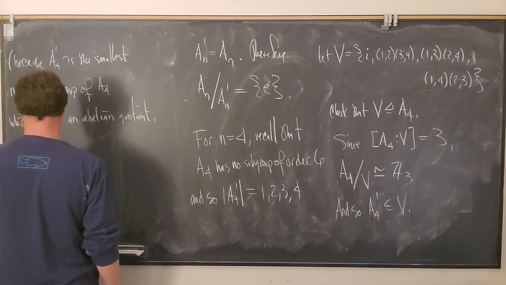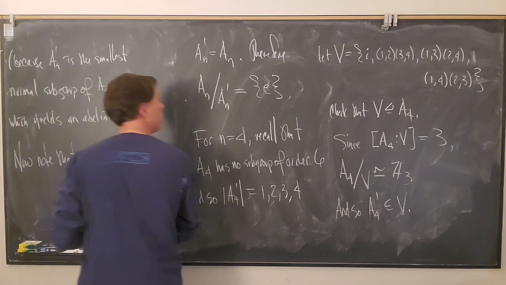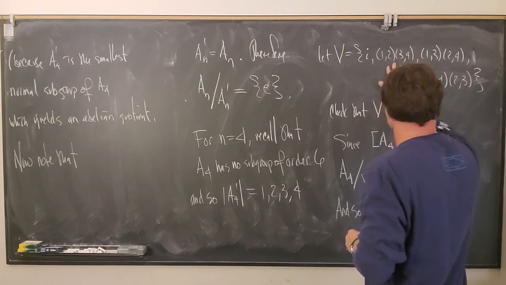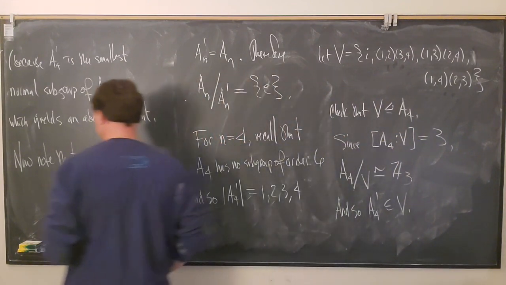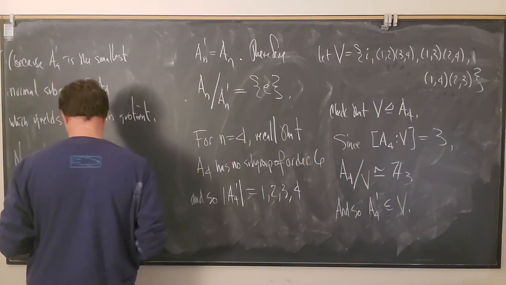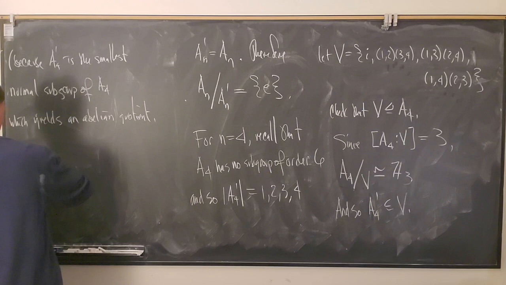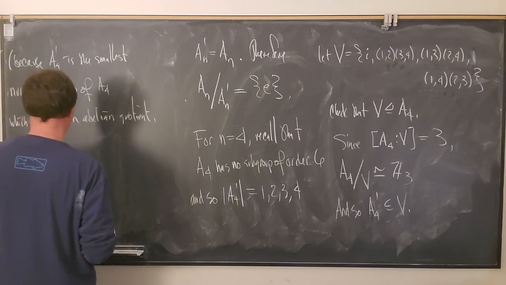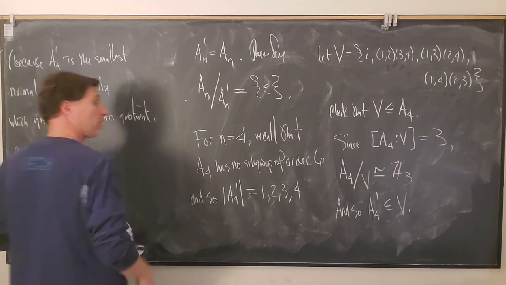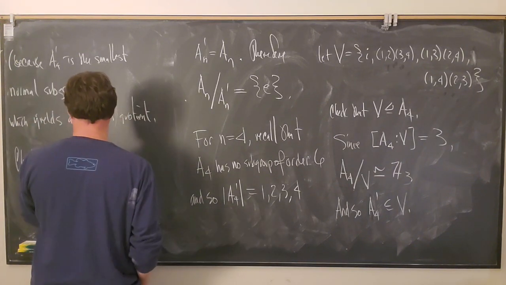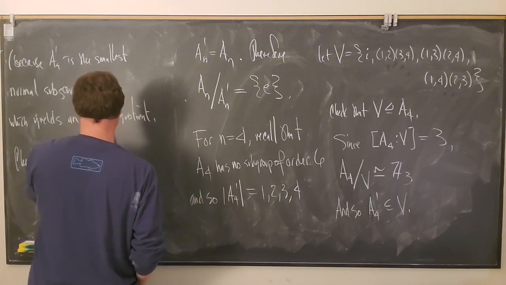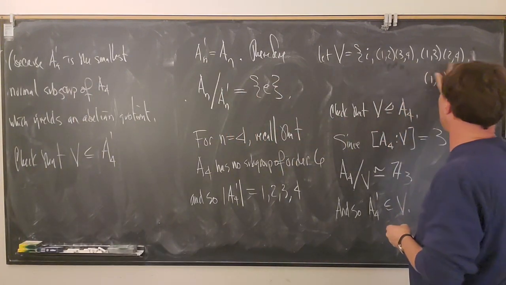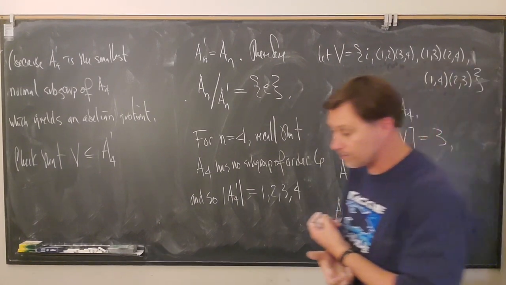So now, note that each of the elements in here are actually commutators. So let me say, check that the reverse containment is also true. So check that V is contained in A4 prime. The way you would do that is show that each one of these elements can be expressed as a product of commutators.